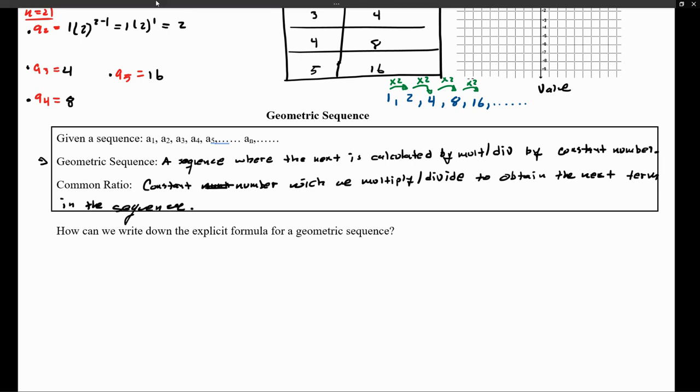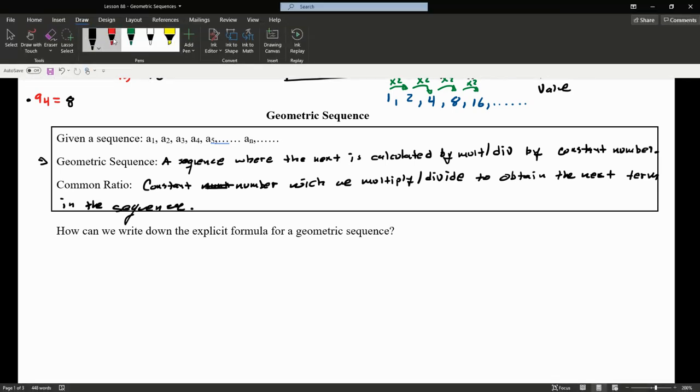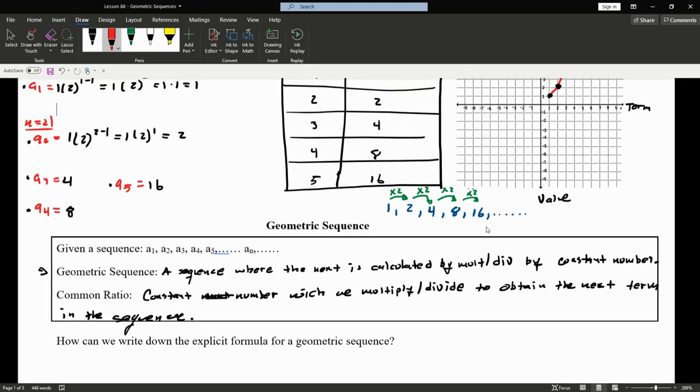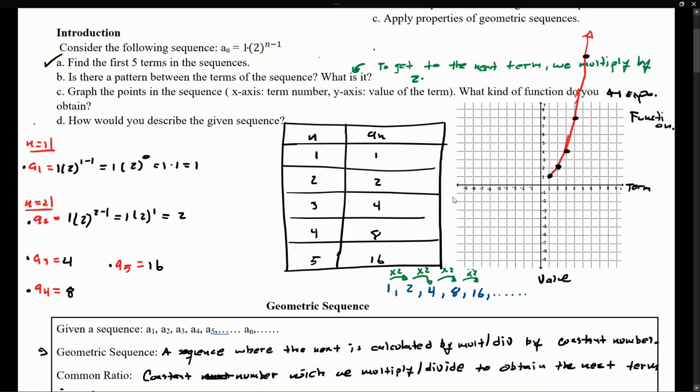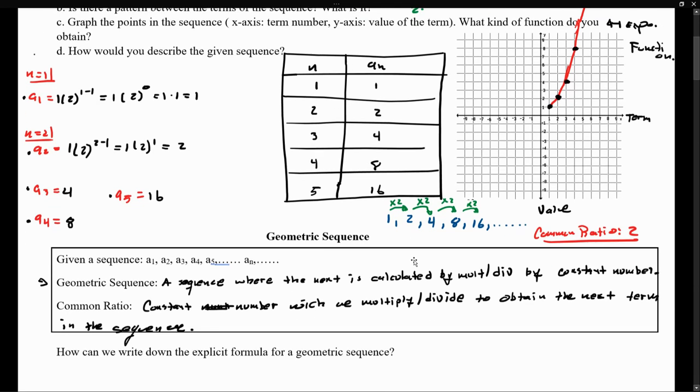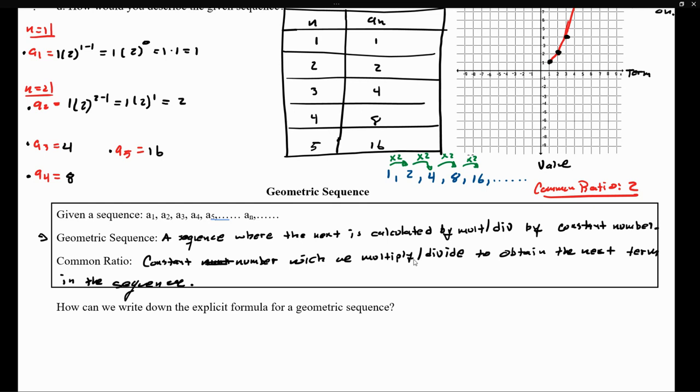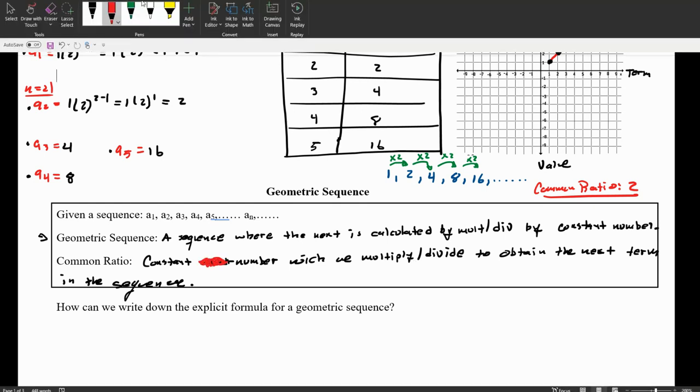In this case, if we take a look at the example that we just had previously in our introduction question, our common ratio will be a value of 2. And again, we don't call it a common ratio of times 2. The common ratio is just the actual value.